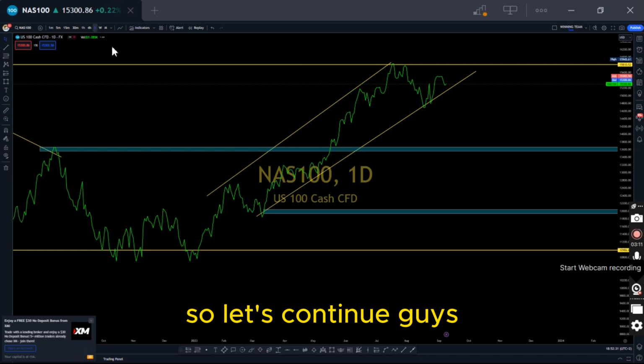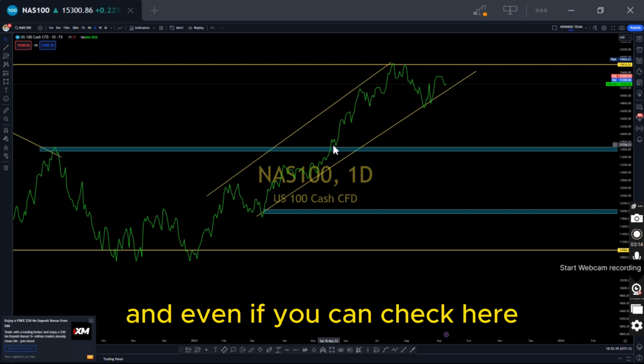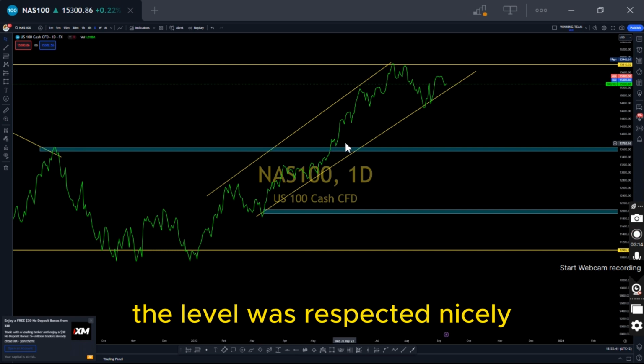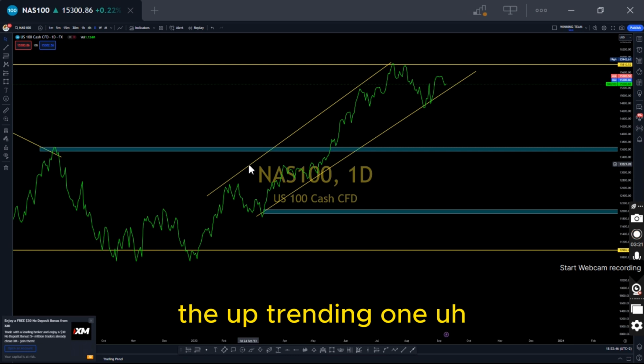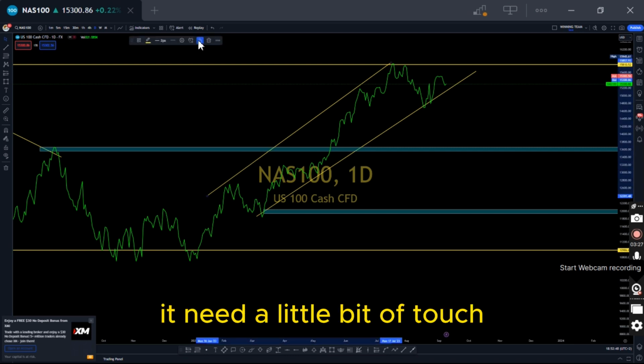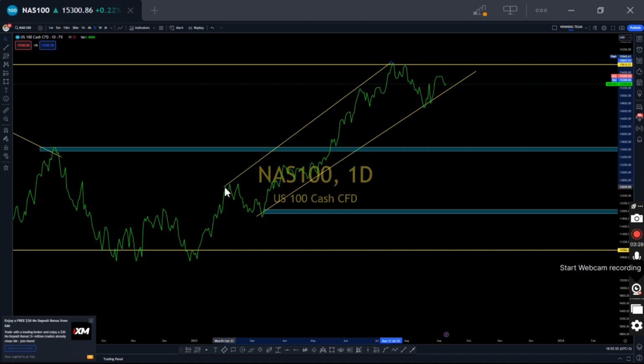So let's continue, guys. You can see that level, as I was saying, it's a strong level. If you see this side, it was being respected nicely. And even if you check here, the level was respected nicely, okay? So as you see our trend there, the uptrending one, the resistance one, it needs a little bit of touch so that we can cater for more touches. Just going to move it a little bit there.